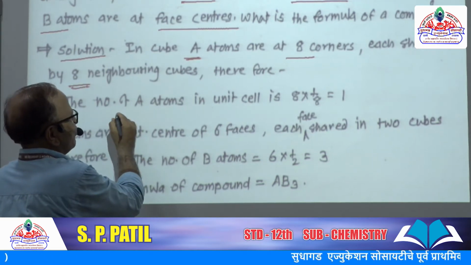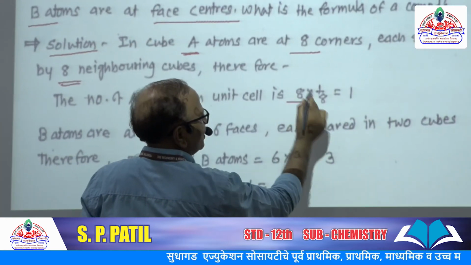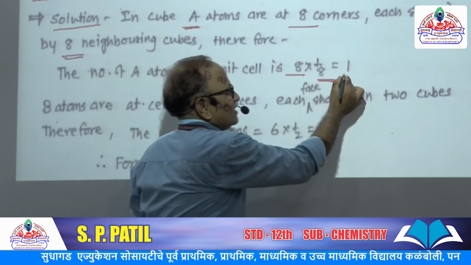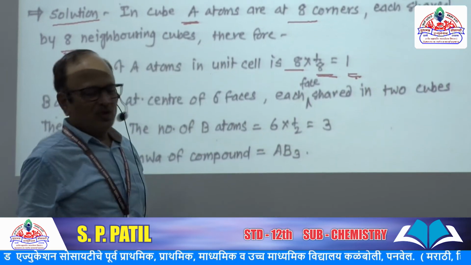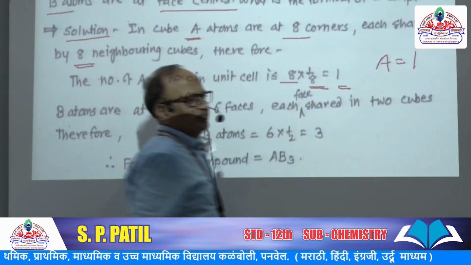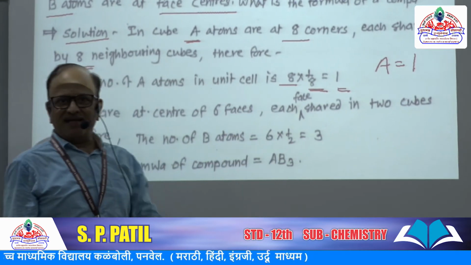So the number of A atoms in the unit cell is equal to 8 corners into 1/8 part, so it is equal to 1. So the number of A atoms is equal to 1, because A is present at the corners.